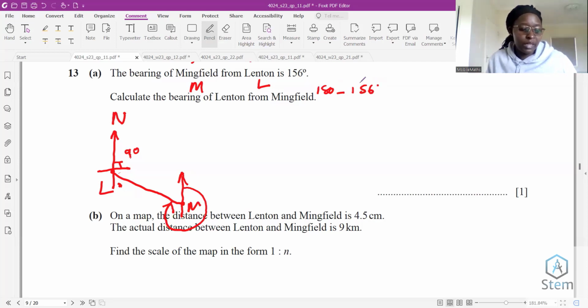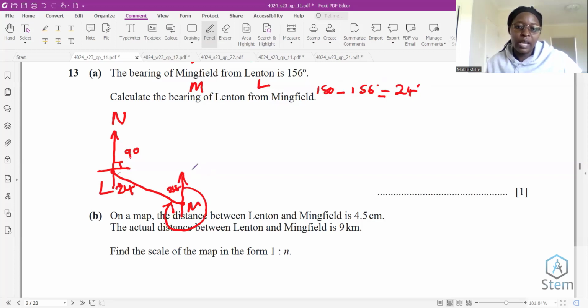What do we get? 180 minus 156, I'm getting 24 degrees. So this point here is 24 degrees, and this is also 24 here.